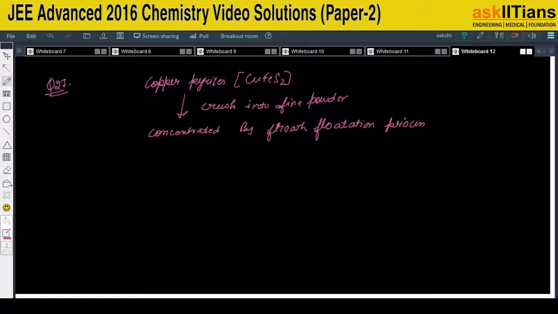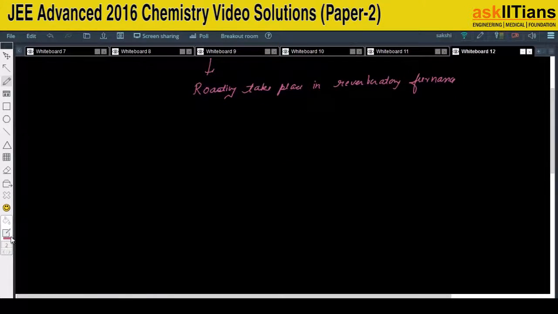Now once you have done the concentration by froth flotation process, then what you do is roasting. And roasting takes place in a reverberatory furnace. Now if I am saying that this is a roasting process, then let me just for your convenience write down the reactions for roasting.